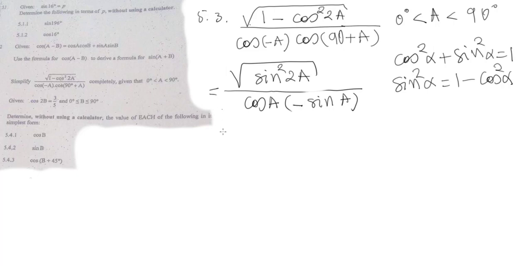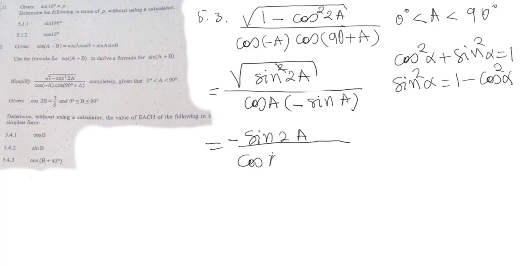All right, there we go. Square root of sin squared, we cancel this, so we'll have sin 2A. It's better to multiply numerator by minus, denominator also by minus, so minus will be there on top.